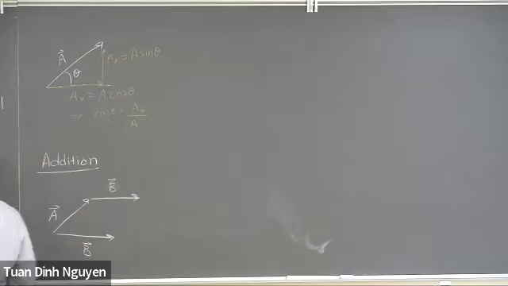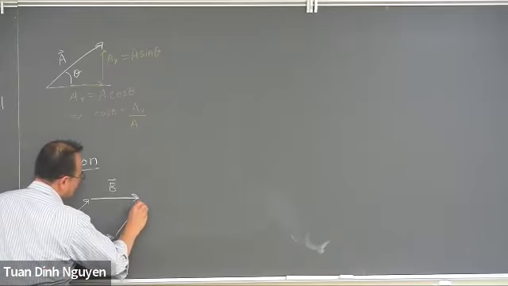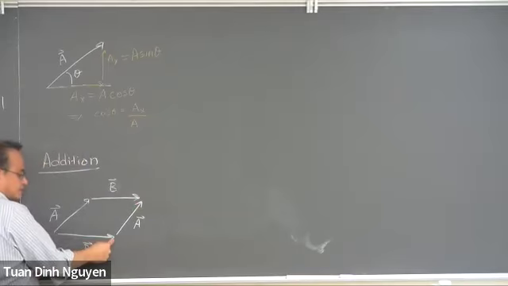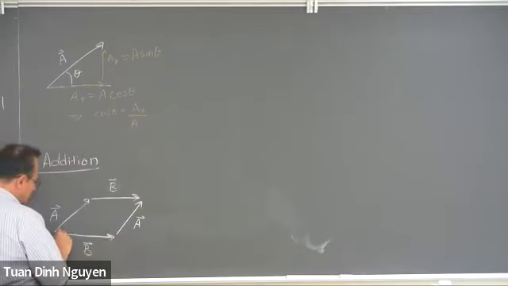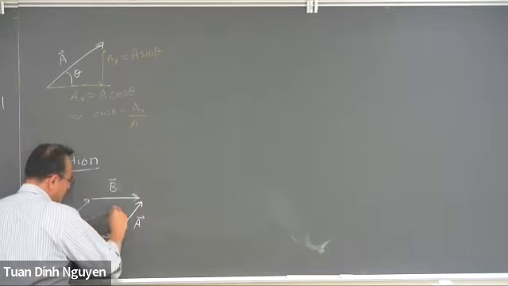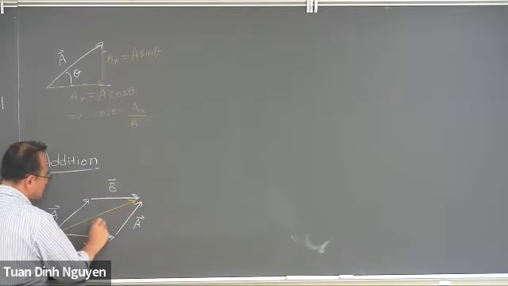So I can either move B, or I can move A. Right, so the tail of A is now touching the head of B. And then I connect the tail of one to the head of the last one, and that's A plus B.